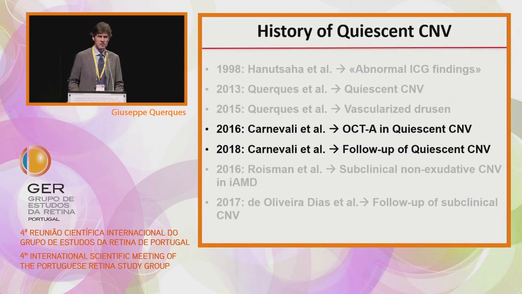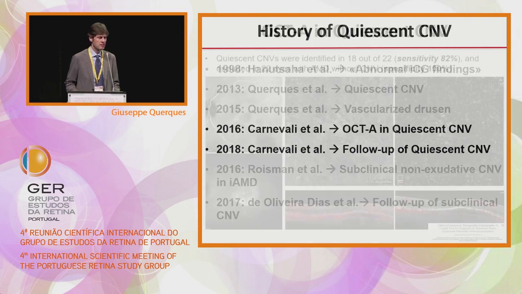A couple of years later, we also demonstrated that OCTA for large typical quiescent type 1 neovascularization could be effective in demonstrating the presence of the CNV, of the macular neovascularization, in absence of exudation. So you don't strictly need to do ICG in order to detect a quiescent macular neovascularization.